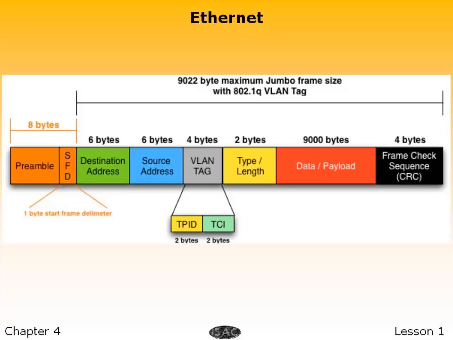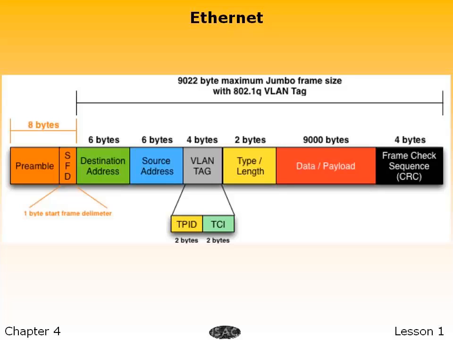The data packet on the wire is called a frame. A frame begins with a preamble and start frame delimiter, followed by an Ethernet header featuring source and destination MAC addresses.